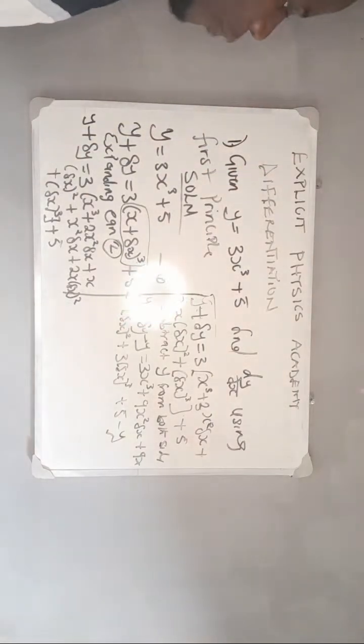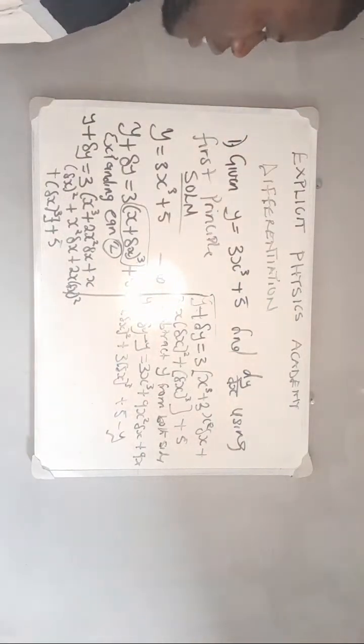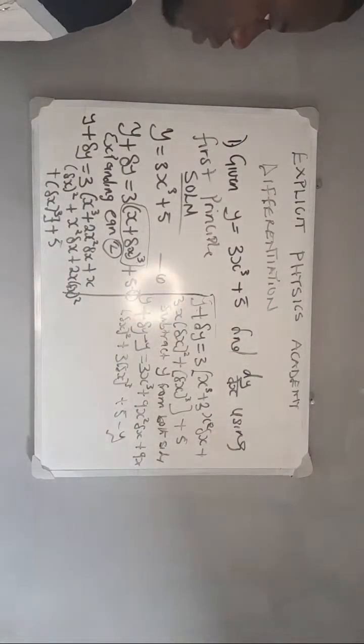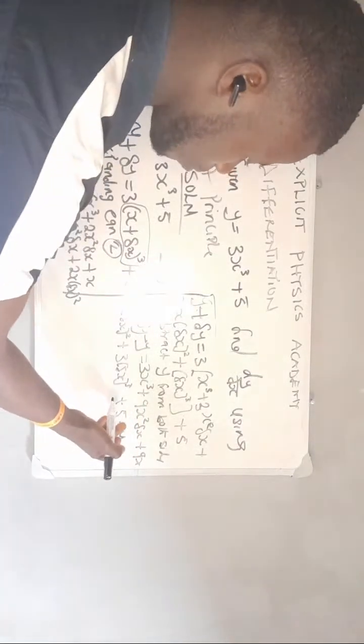And of course, from here we can see that there are some things that are similar that we can work with. Yes, we have here 3x squared, this and this and this.